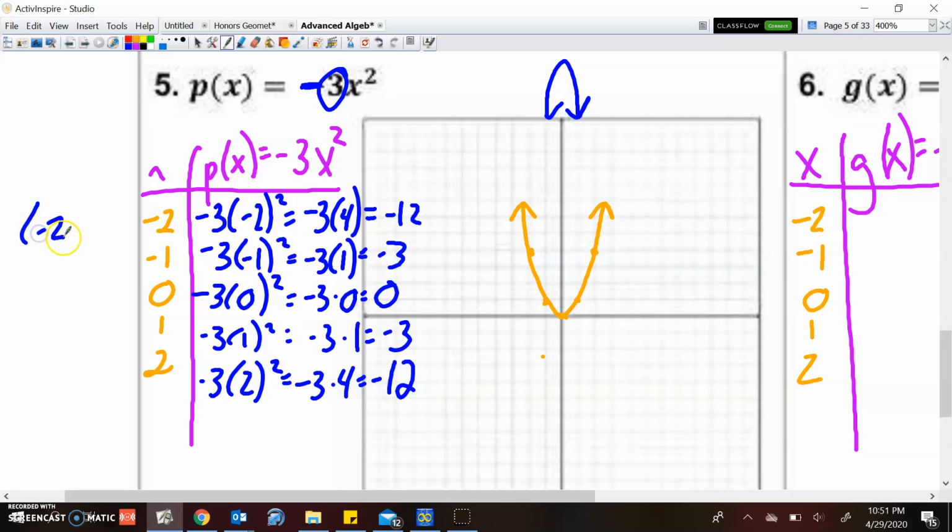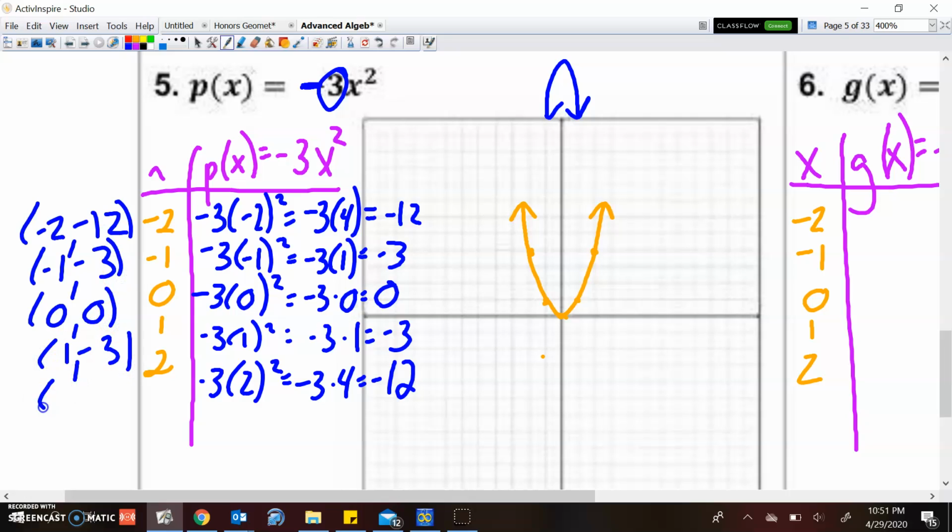So I'm writing the ordered pairs out. You don't really have to do that, but it helps you to see them. And 0, 0, 1, -3, and lastly 2, -12.